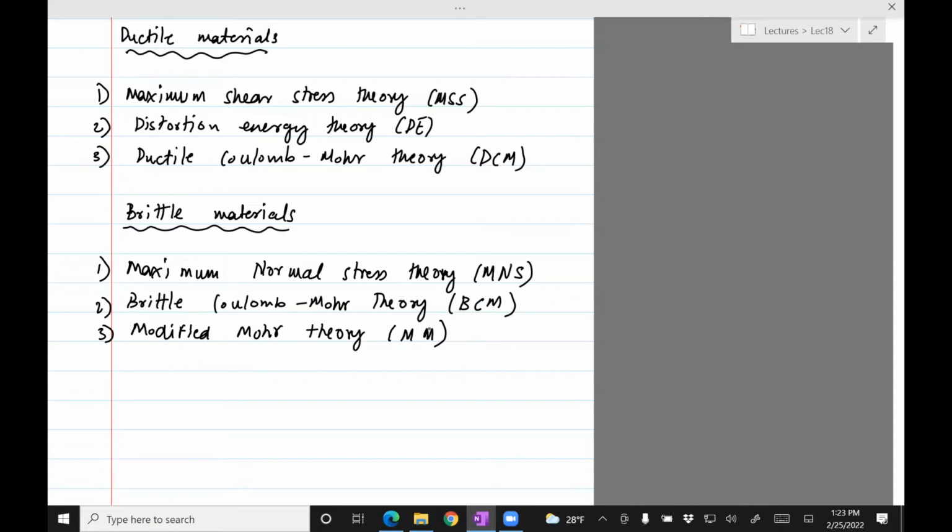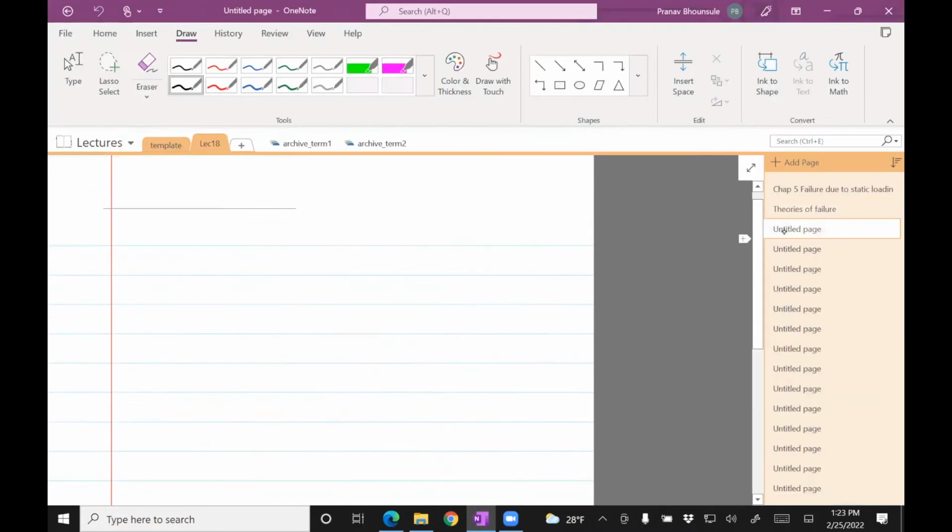The first one, maximum shear stress theory. Okay, so what's this theory?